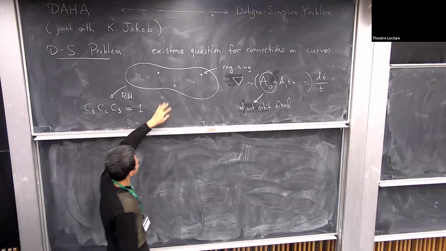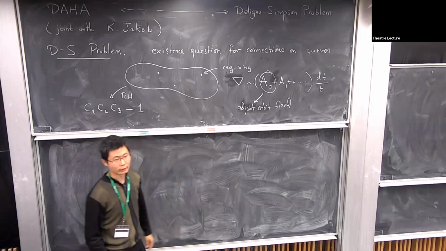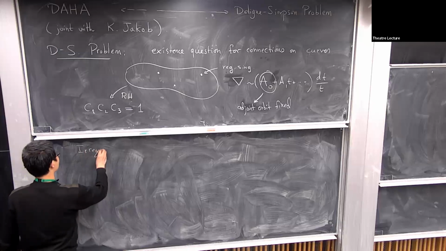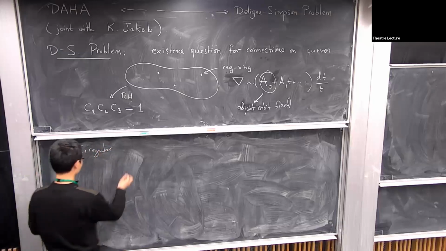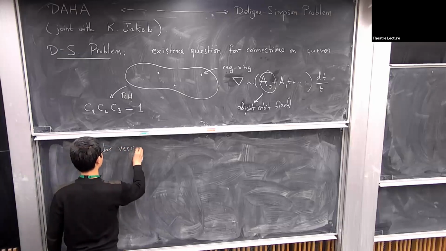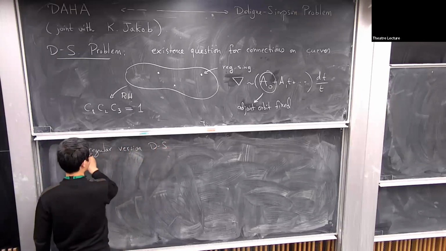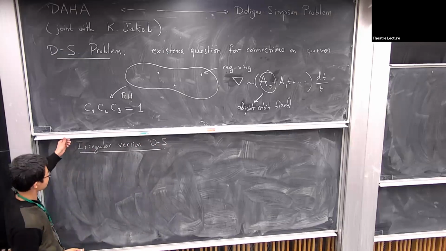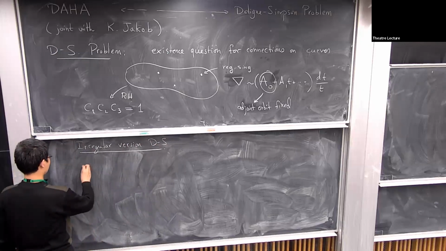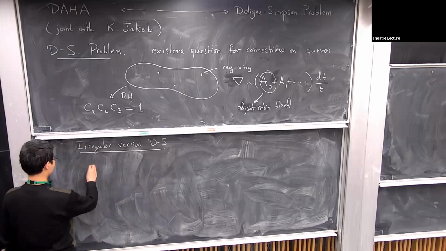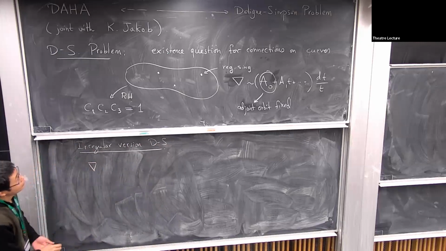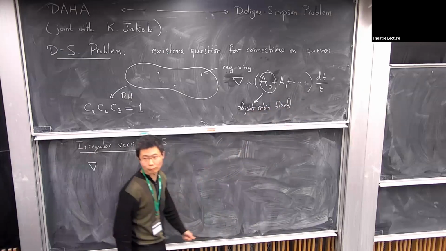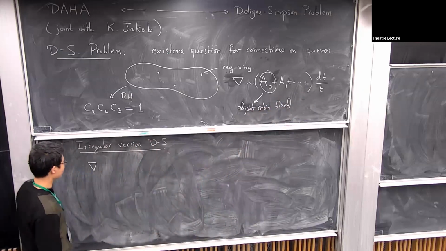It concerns connections with regular singularities. What we will consider is an irregular version of the Deligne-Simpson problem. So let me briefly recall some facts about irregular singularities. If the connection form has order higher than the simple pole, we call it an irregular connection.